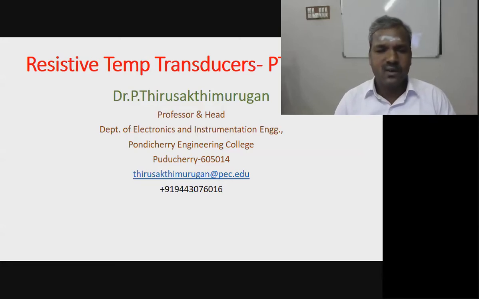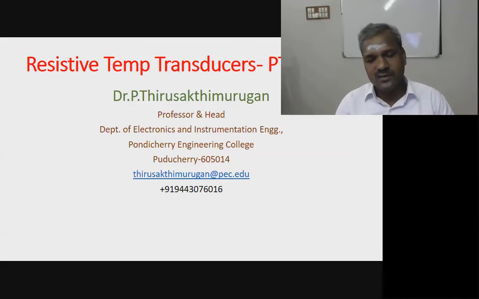It is always constant for each metal, so the temperature coefficient varies from one metal to another. When you apply temperature on the metal, some metals increase in resistance, some are characterized by a decrease in output resistance.